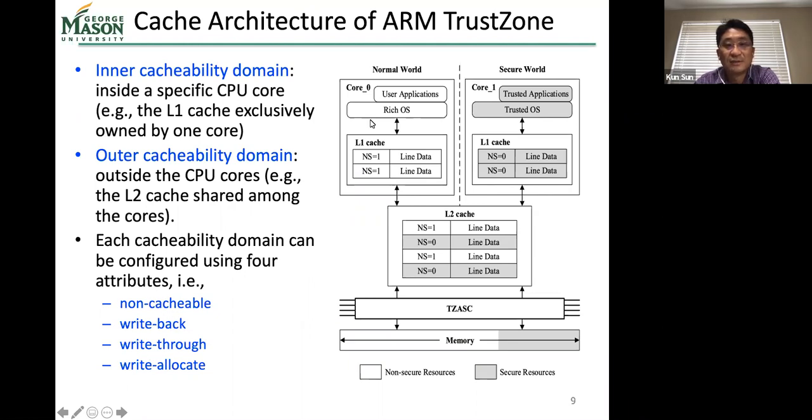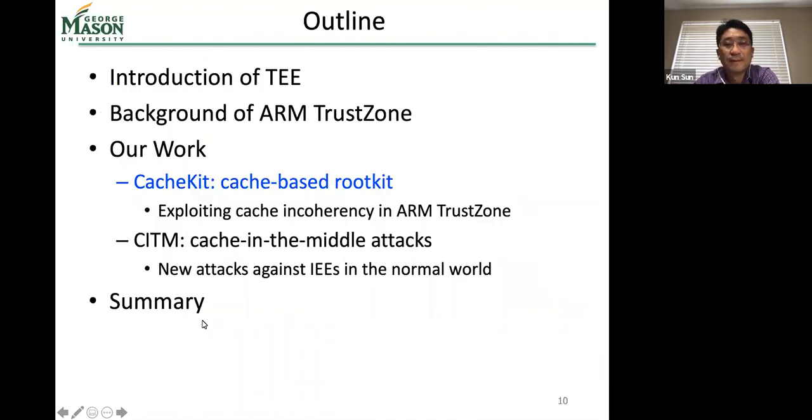For the inner domain, we can configure it as non-cacheable, read-back, read-through, or read-allocate. For level 2, we can also decide a different set of these attributes. Those are some background on ARM TrustZone.